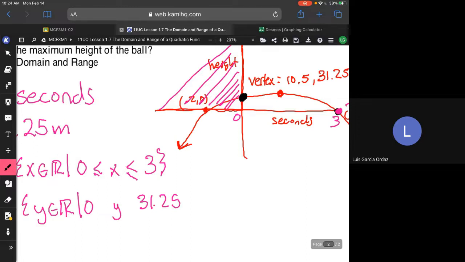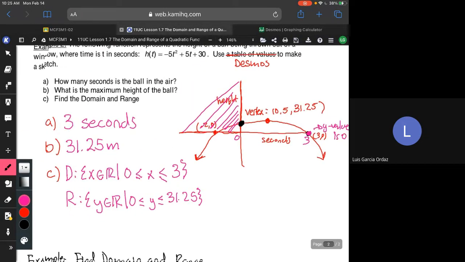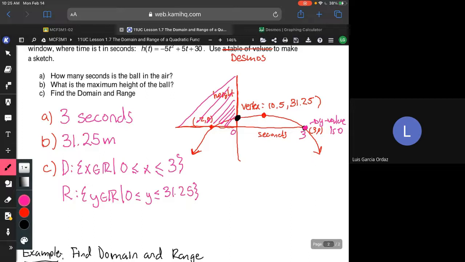Now, you're going to do the same thing as we did with my domain. My y has to be bigger than or equal to 0, whoops, I don't know why I wrote 0 again, but it cannot exceed 31.25. So it has to be less than or equal to 31.25. So because of our restrictions with this question, we have to write it like this.